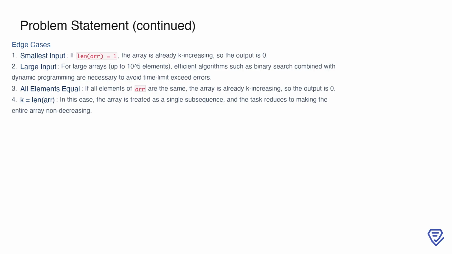Another edge case arises when all elements in the array are equal. In this situation, the array is already k-increasing, so no changes are needed, and the output is 0. Finally, when k equals the length of the array, the array is treated as a single subsequence, and the task reduces to making the whole array non-decreasing. These considerations ensure that the solution is robust and handles a wide range of scenarios effectively.